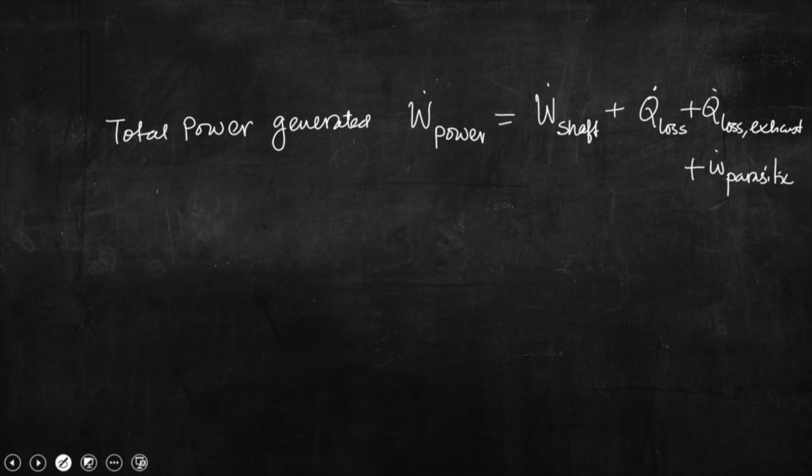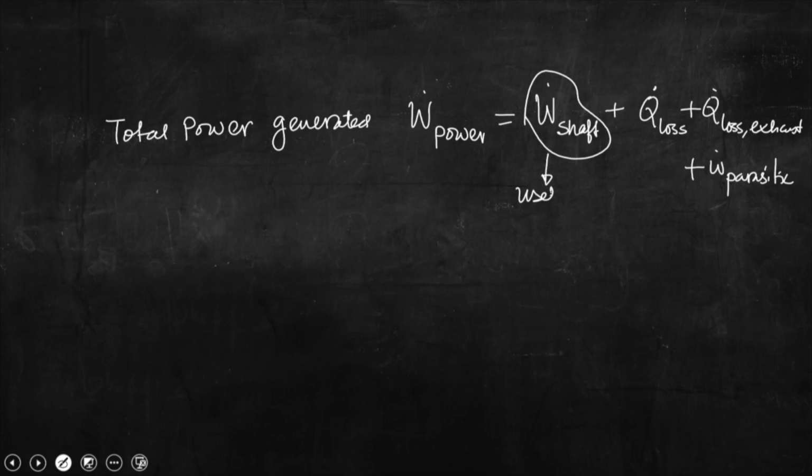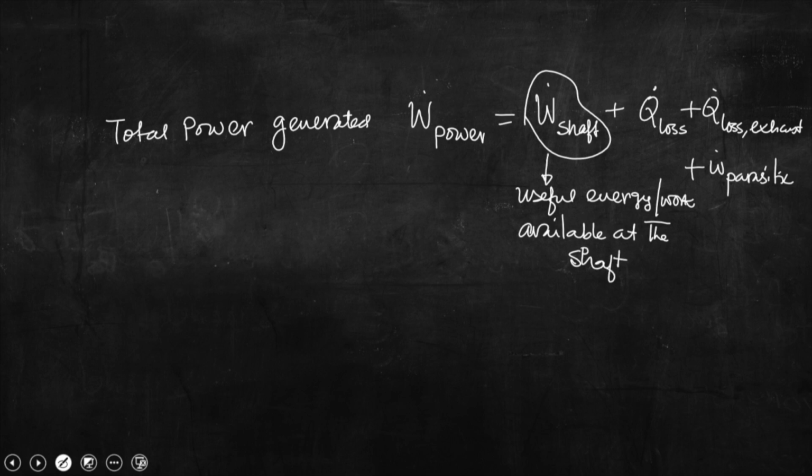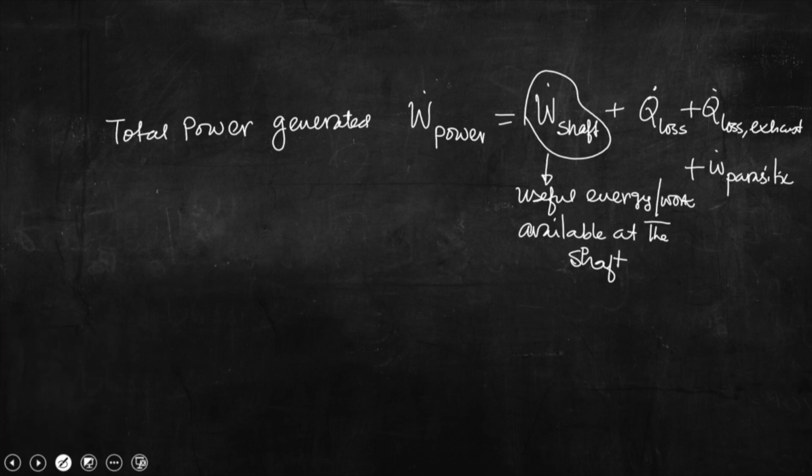So, you see, this is the useful energy or work available at the shaft, right. This is also to some extent, I should say, useful, because this is also needed.